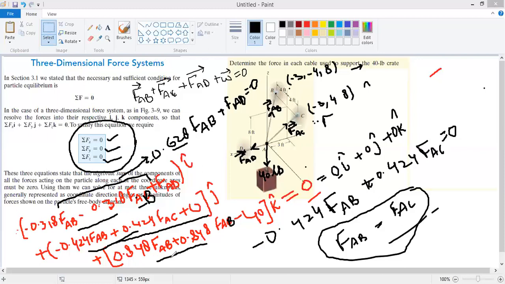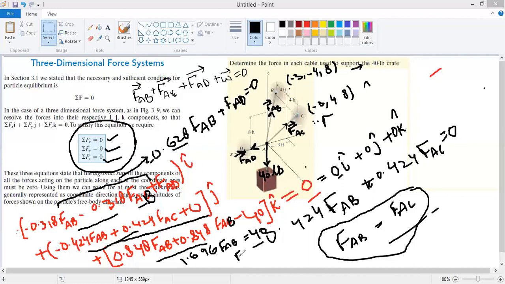So it is 0.848 FAB plus 0.848 FAB, which is 1.696 FAB minus 40 equal to 0. So 1.696 FAB becomes equal to 40 pounds.